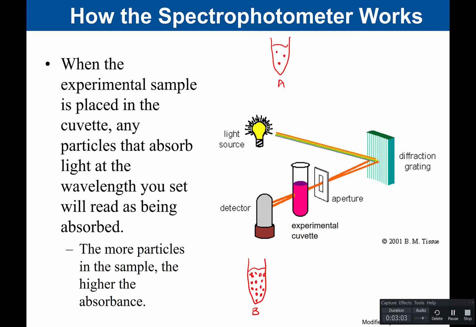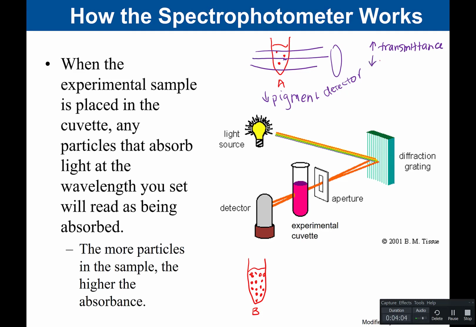So let's say I have solution A and solution B, and the solution in A has less pigment than in B. When I pass light through it, the light is going to pass through because there are fewer particles. So when we look at the detector, for the solution with less pigment, we have an increase in transmittance, meaning more light is able to pass through, which means we have less light absorbed.